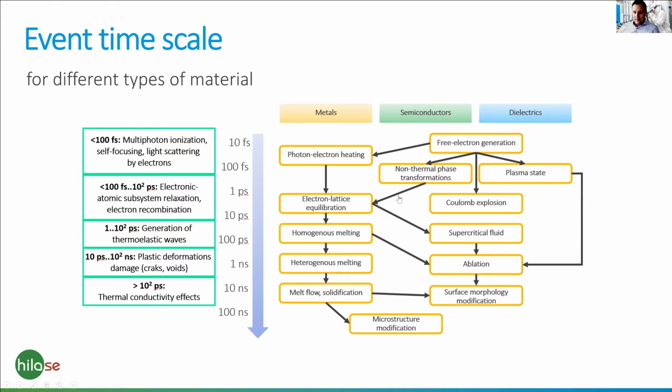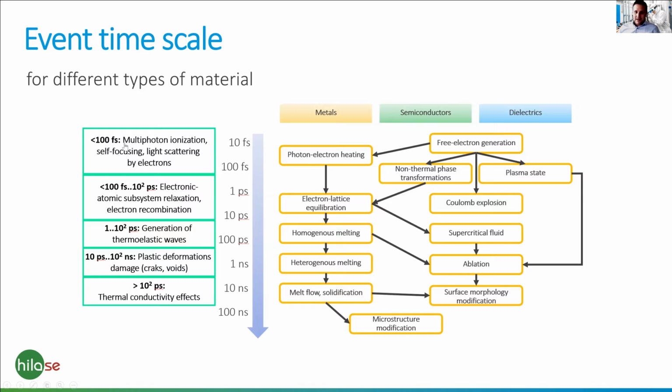I will not go through all of these, because the physics behind that is getting quite complicated. What we may just consider is what is in general happening on the time scale. First we have nonlinear effects such as multiphoton ionization and self-focusing, basically all things which are happening when the light is getting scattered by electrons.